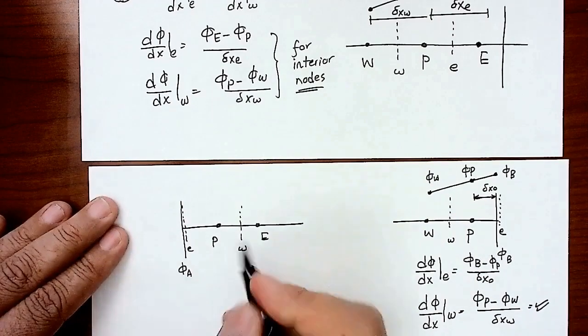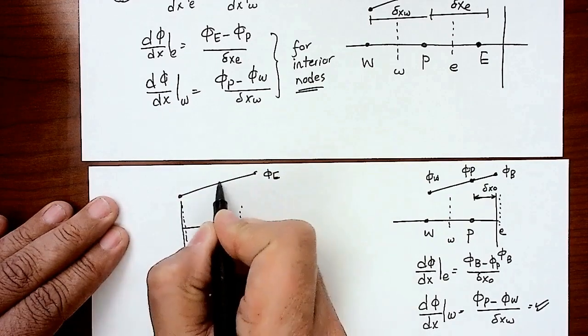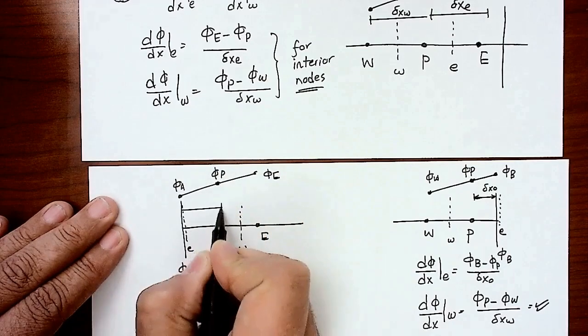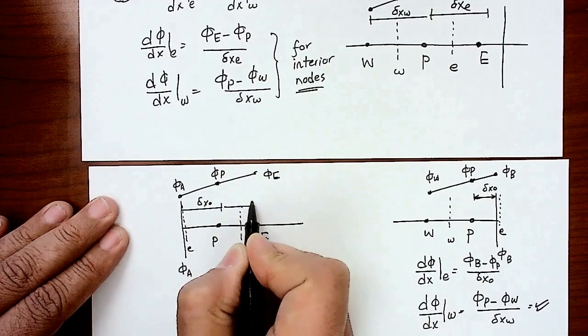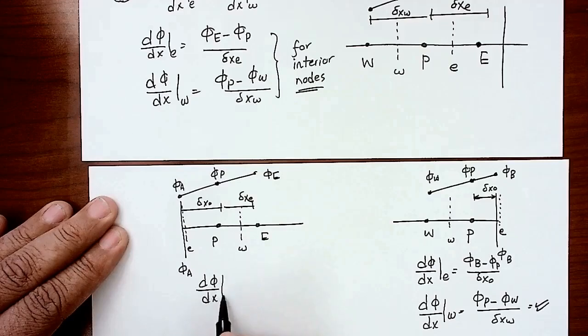If I look at this case here, this is phi east, this is phi P, and call that phi a. This is delta x naught, and this is totally delta x east, right? So we used to say, okay, d phi by dx is simply phi east minus phi P divided by delta x east.